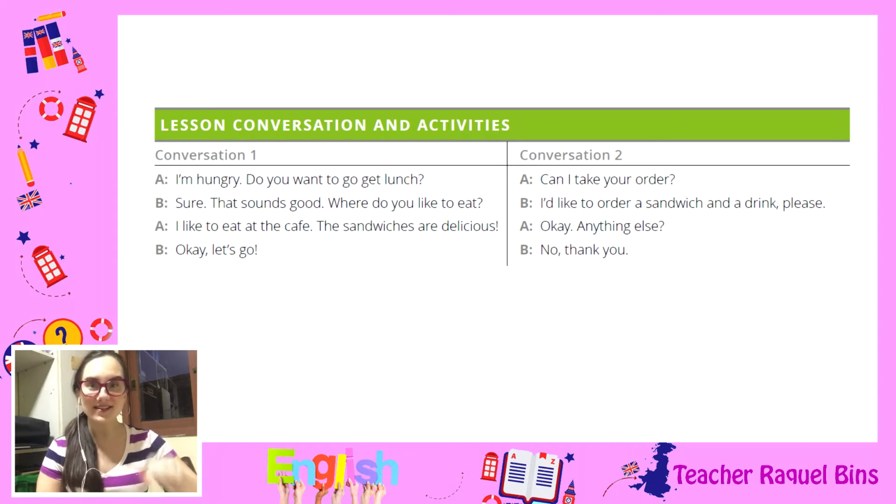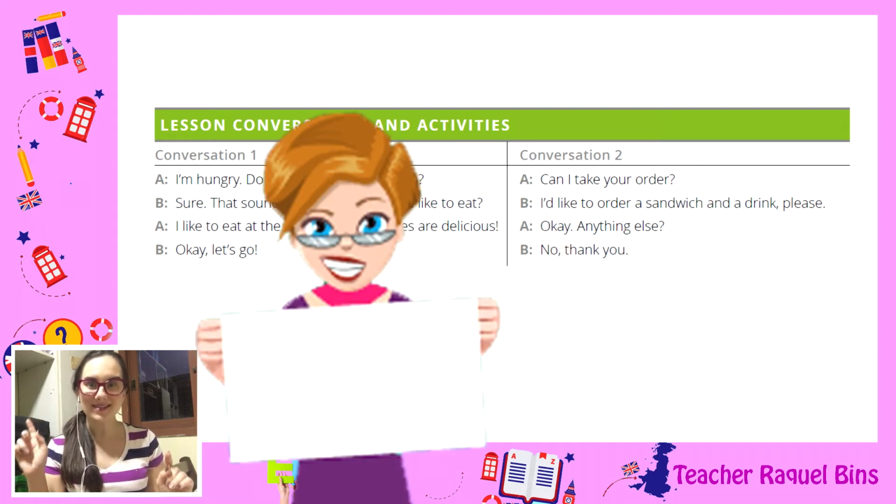So, in this conversation, provavelmente um waiter, que nós já tivemos também na aula das profissões, chega, né, para o cliente e pergunta: Can I take your order? Né, posso fazer o seu pedido? Qual seria o seu pedido? E a pessoa fala, I would like. Então, eu gostaria, I would like. No livro vocês podem ver que está contraído, I'd.